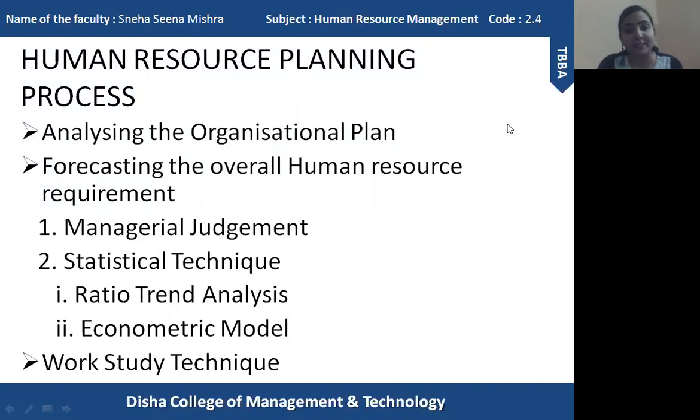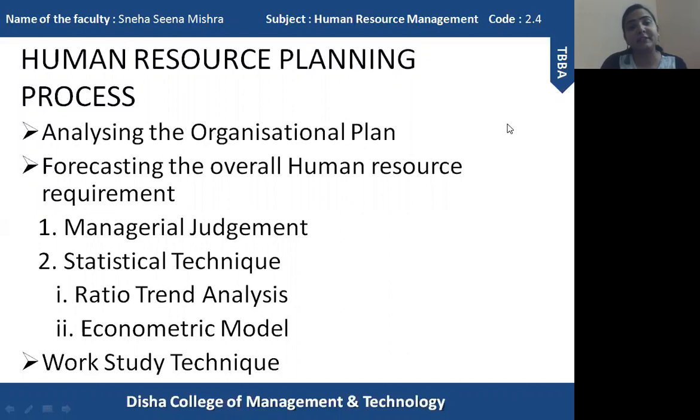Each and every plan needs to be divided into subunits, so that unit-wise division is done. For example, if you are focusing on the production plan, what are the various divisions under the production plan, what are the various sections of the production plan. So each and every plan prepared by the organization must be analyzed in a unit-wise manner, in such a way that the HRP will be created in accordance with the plan.